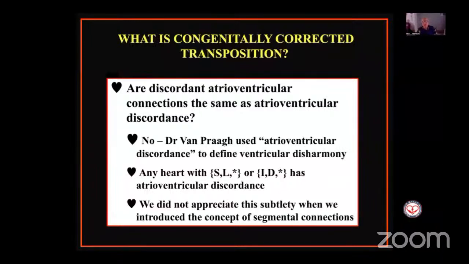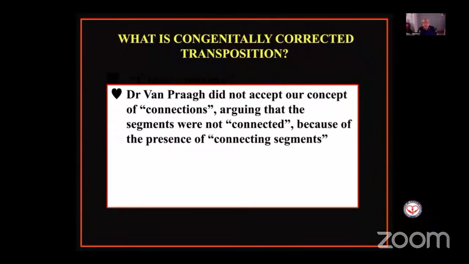Now, unfortunately, we did not appreciate this when we introduced our concept of sequential segmental analysis. So we distinguished between discordant connections, double inlet, and absence of an atrioventricular connection. But sadly, we used the term atrioventricular discordance.